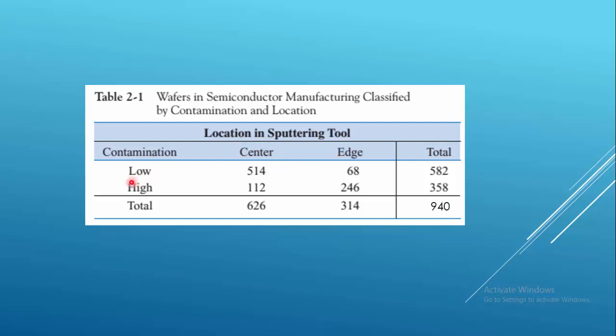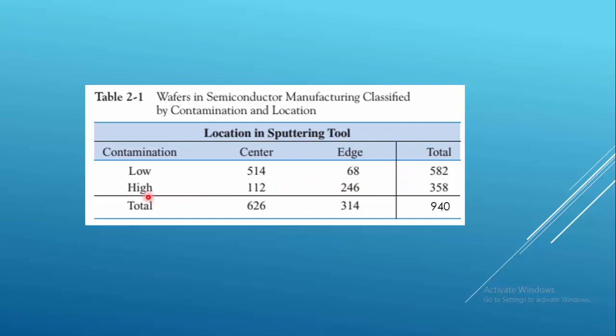For example, the number of wafers which have low contamination and are in the center of the sputtering tool is 514, whereas wafers having low contamination but on the edge of the sputtering tool are 68. So altogether it is 582.